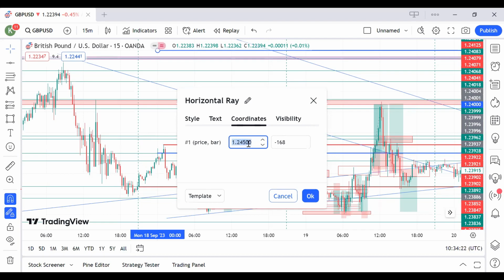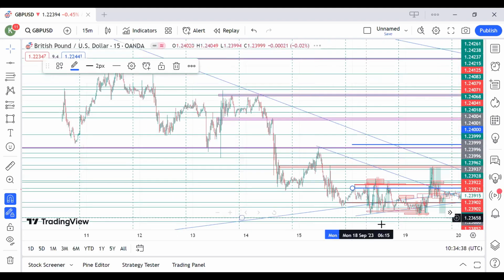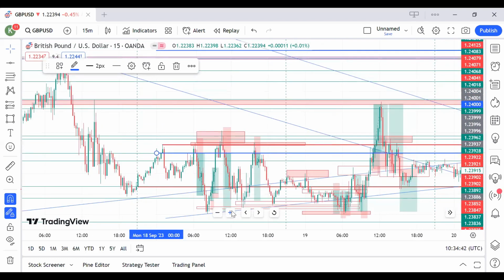The next one after 1.245 will be 1.250, because when you add 5 to 45, it becomes 50. You get? And then downward, if you subtract 5 from 1.24000, it will be 35. And that's why we have downward as 1.235. So that's how we marked the psychological levels.